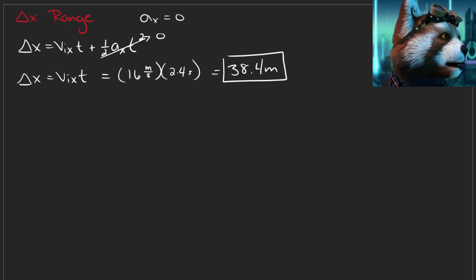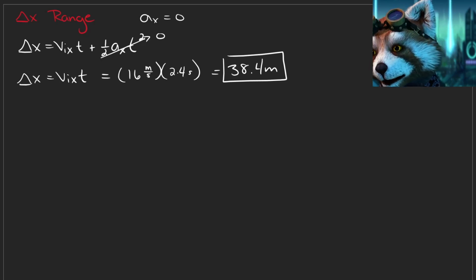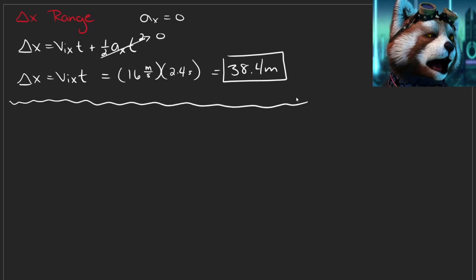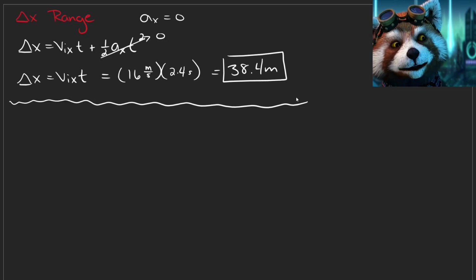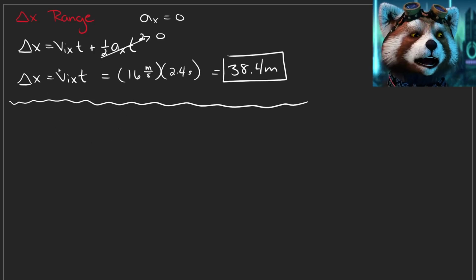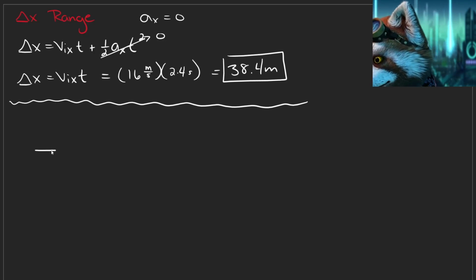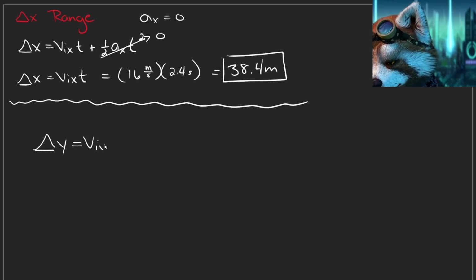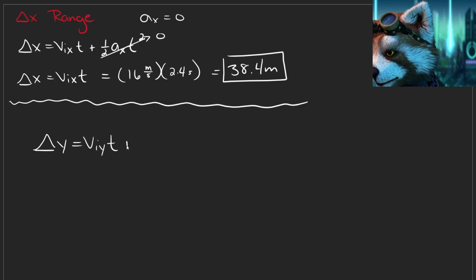Now, there are a couple of other ways that we could have found time. So let's just talk about them, because there's not always just one way to solve these problems. Okay, so what could we have done? We could have said that delta y equals velocity initial in the y times time plus 1/2 acceleration in the y t squared.